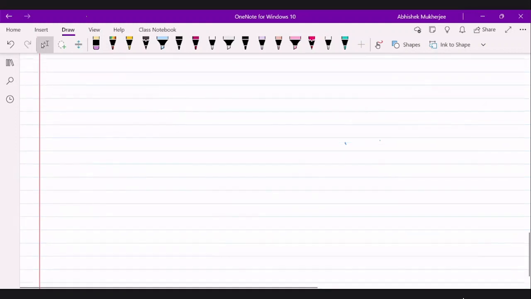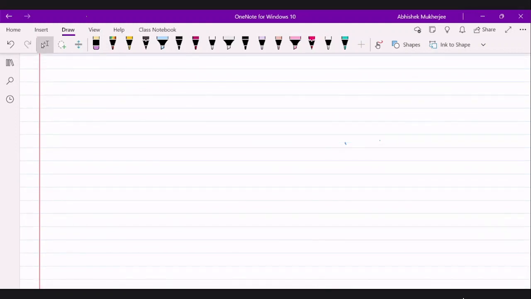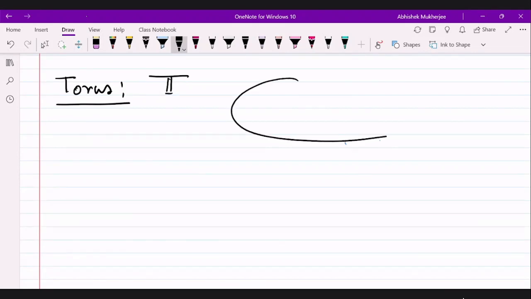And there are more spaces that we are going to form. That is, another one is a very well-known surface, which is the torus.